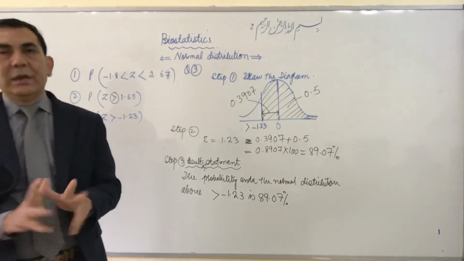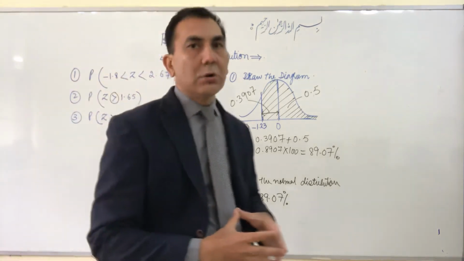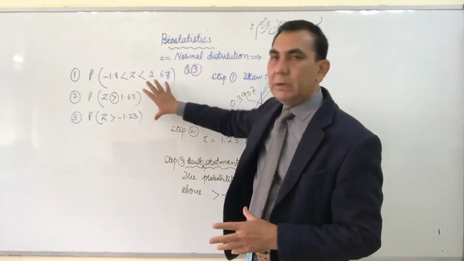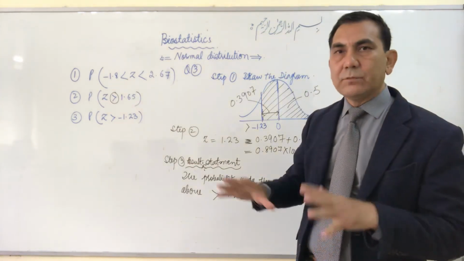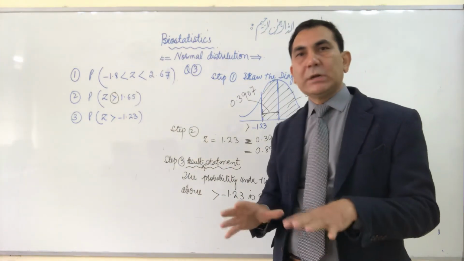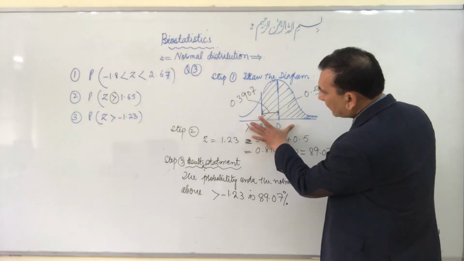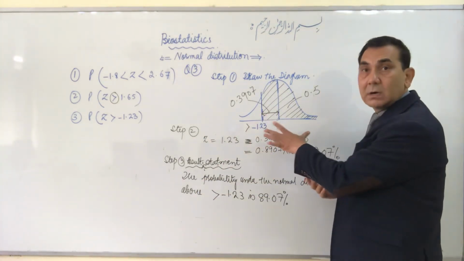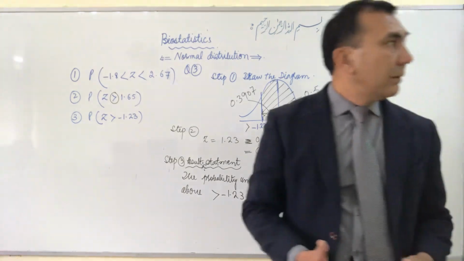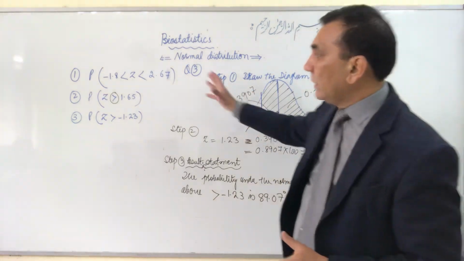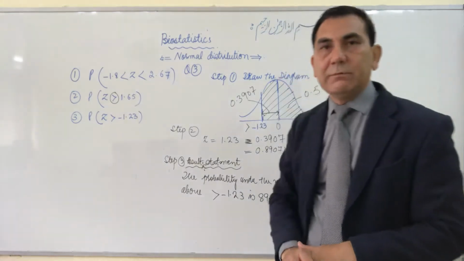Okay. In today's session, we solved 3 probability area questions to find the proportion or percentage present under the normal curve. You know very well that the total probability under the normal curve is 1 or 100%. We answered the 3 questions with 3 steps.